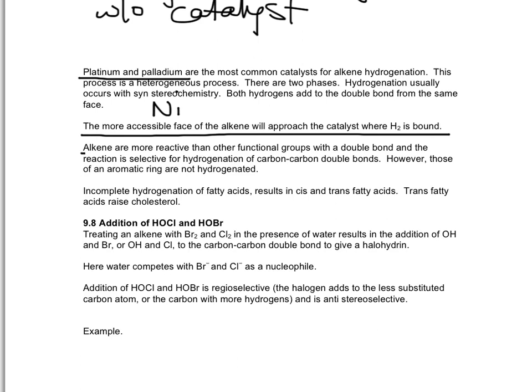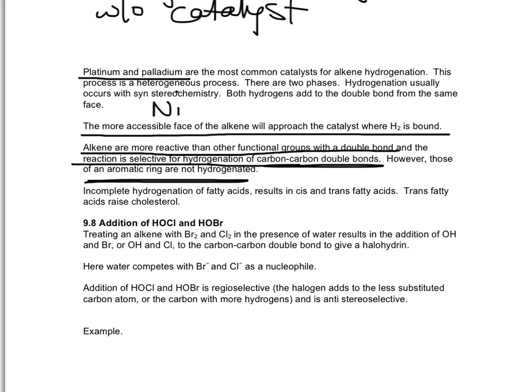Now, alkenes are more reactive than other functional groups with double bonds. Here we're going to hydrogenate just the carbon-carbon double bonds. We will not hydrogenate double bonds in an aromatic ring.